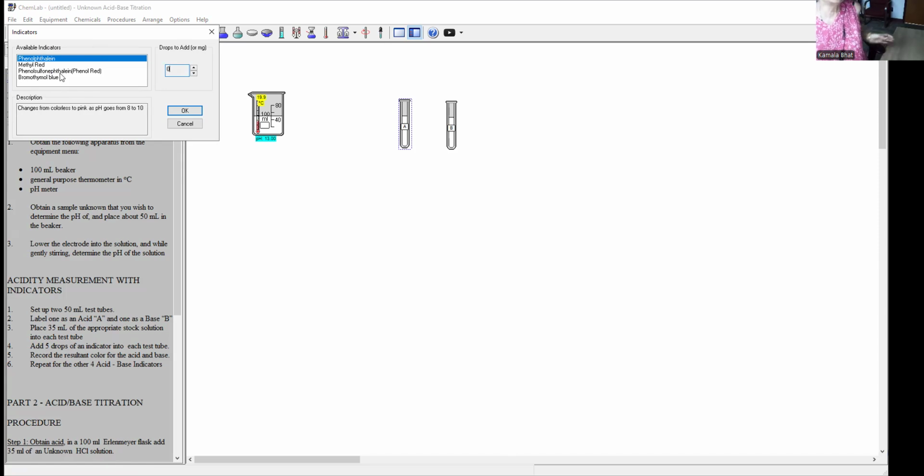There are 4 indicators, and therefore you have to perform this experiment 4 different times, for each of the acids that are there.